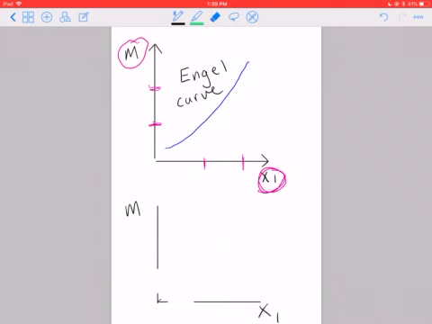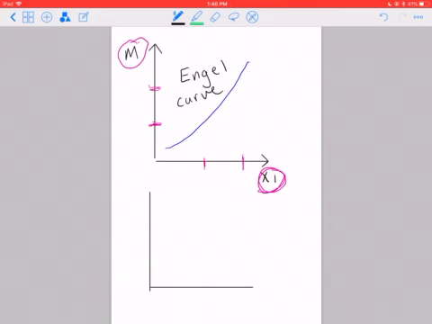Okay, here I'm just going to erase this whole thing. We'll make an Engel curve for another kind of demand: perfect complements. If we remember from class, I'm going to draw the perfect complements graph first. We make a set of right angles.